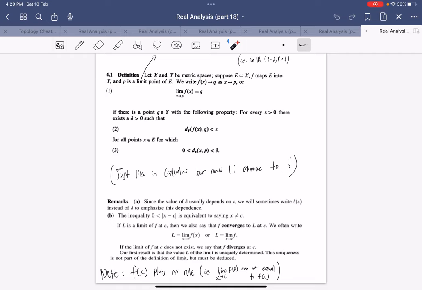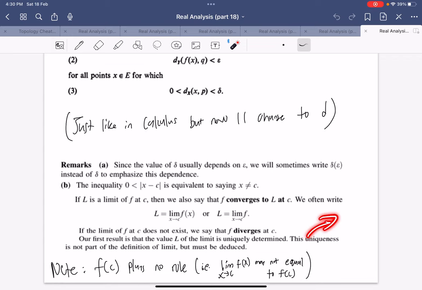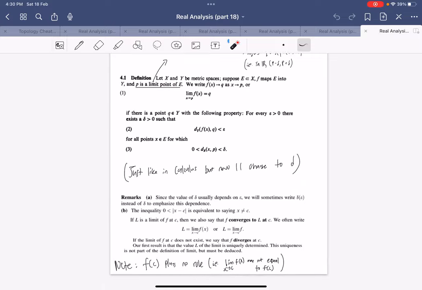When we say that L is the limit of f at c, then we say f converges to L at c, and these are the notations. If the limit does not exist, then it diverges. We can say that the limit is unique, and the proof is how you did it in calculus.